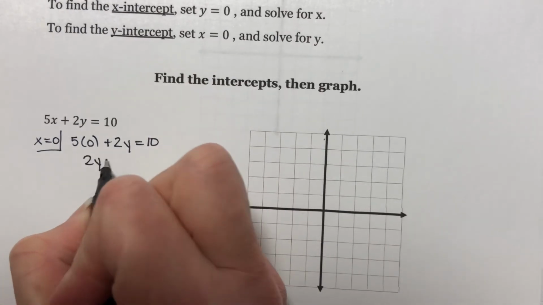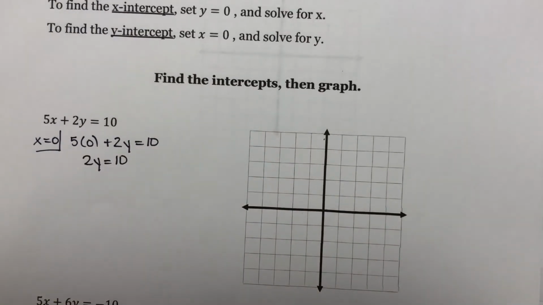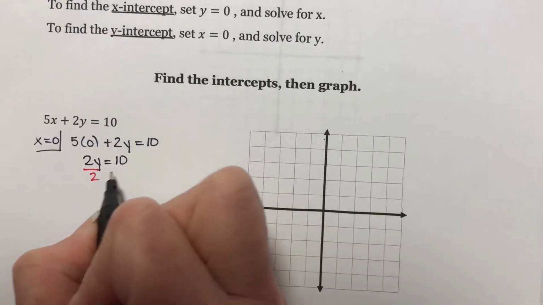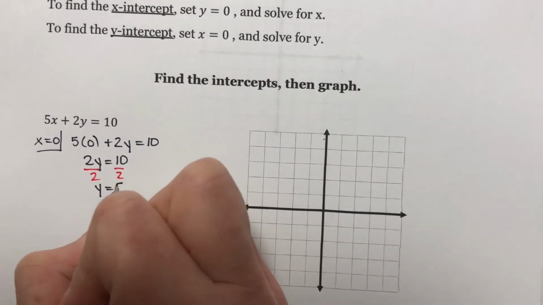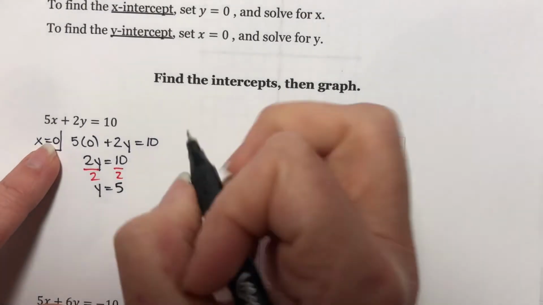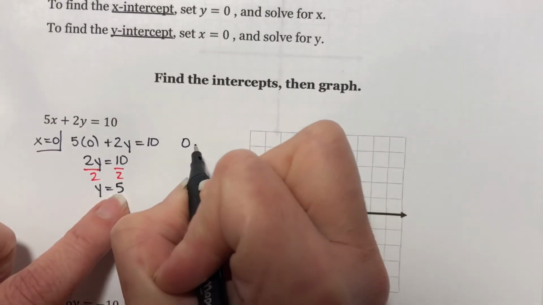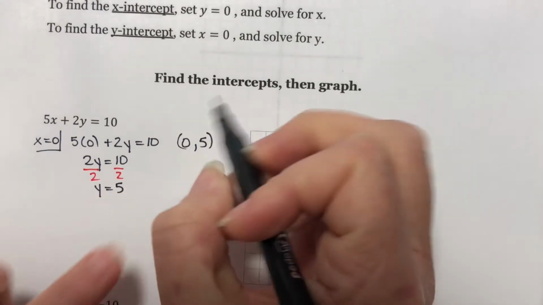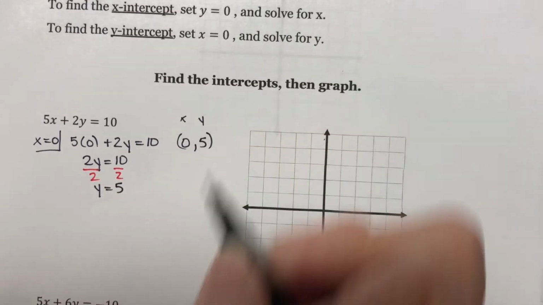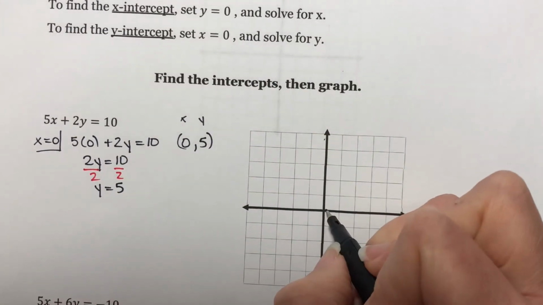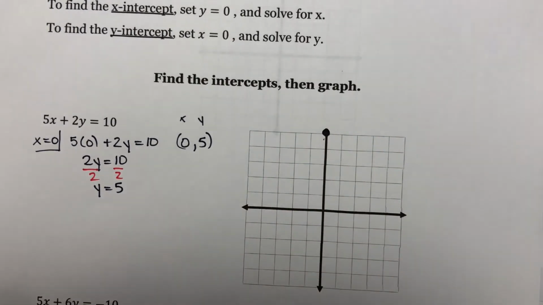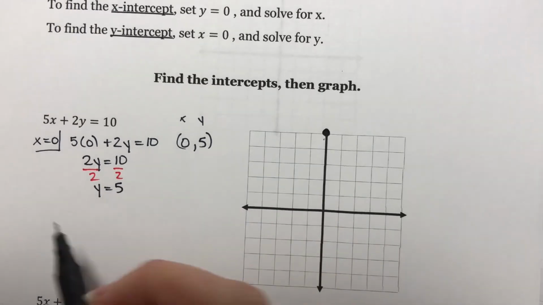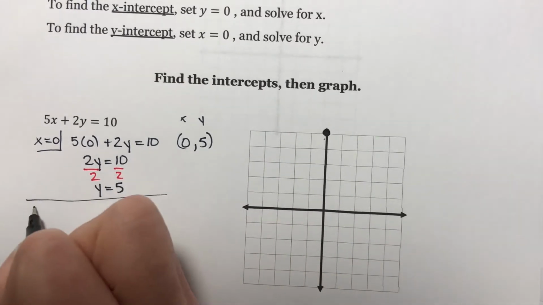I have 2y equal to 10, divide both sides by 2 to get 5. So y equals 5. That means I have the point where x is 0 and y is 5. Make sure that you put it x and then y. 0 on the x, 5 on the y is there. That's my y-intercept.